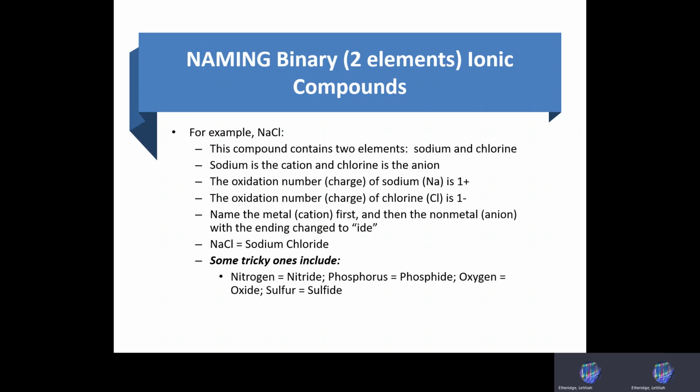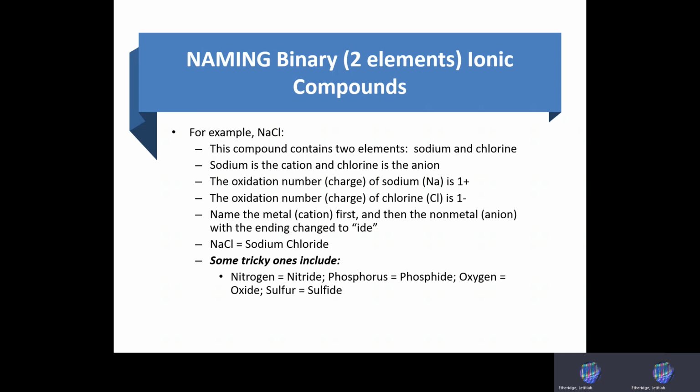Oxygen, we don't say oxygenide, we say oxide. And then the last one is sulfur. We don't say sulfuride, we say sulfide. Okay, so those are the tricky ones that are, let's just say, exceptions to the rule. So nitrogen is nitride, phosphorus is phosphide, oxygen is oxide, and sulfur is sulfide.